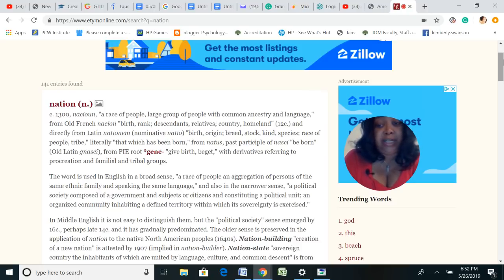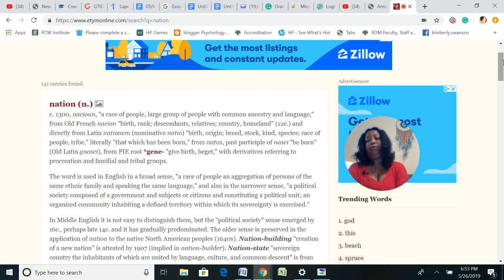And directly from the Latin nation, nominative natio, birth, origin, breed, stock, kind of species, race, of people, tribe, literally that which has been born, from nasci, the born, Old Latin, and then from PIE root gene, give birth, beget, and derivatives, referring to procreation and familial and tribal group.